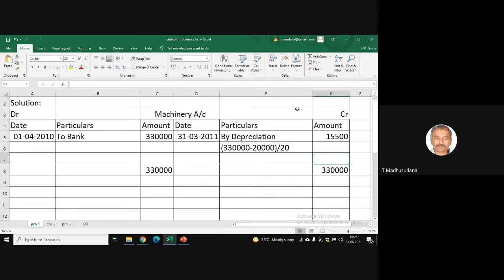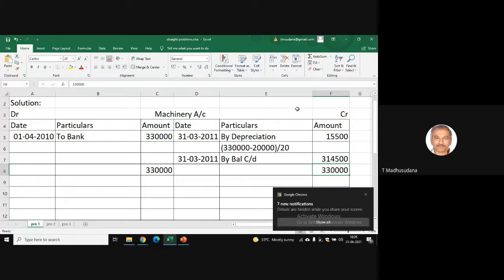So 3,30,000 minus 15,500, how much does it remain? On 31/3/2011, by balance carried down, it comes to 3,14,500.